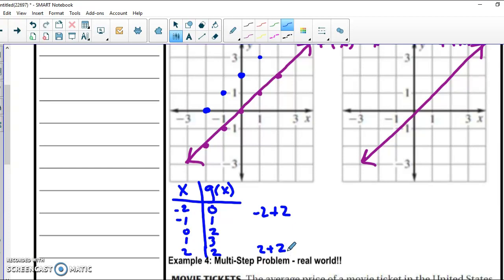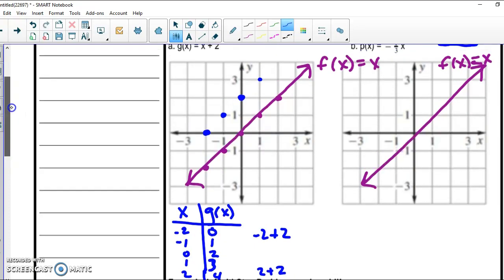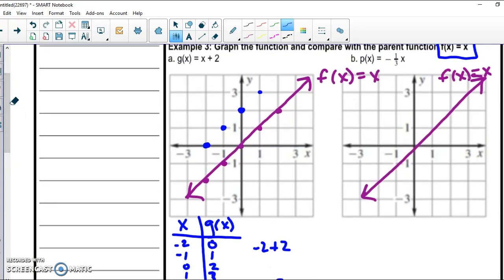And +2 plus 2 is 4. So let's fix that. That's the great thing about linear functions is we can see our patterns. So when we make a little mistake like that, we can see it and fix it. So that's always a good clue that something wasn't right. And you all were probably thinking that the whole time I had that written. That's where I need you.